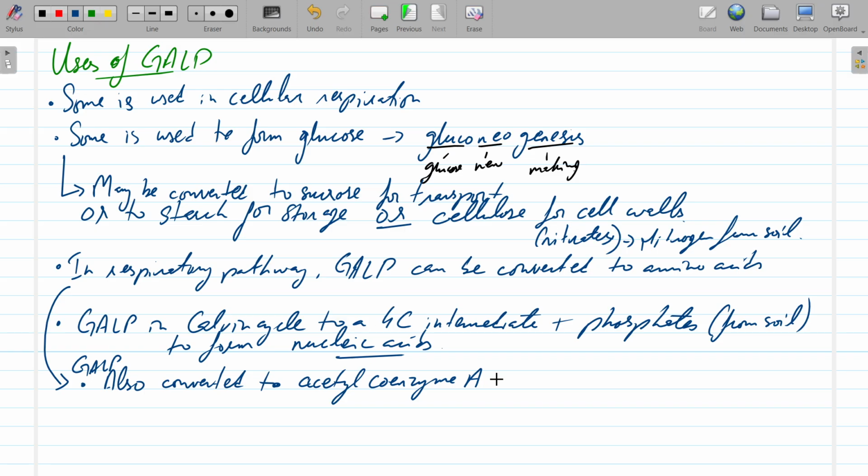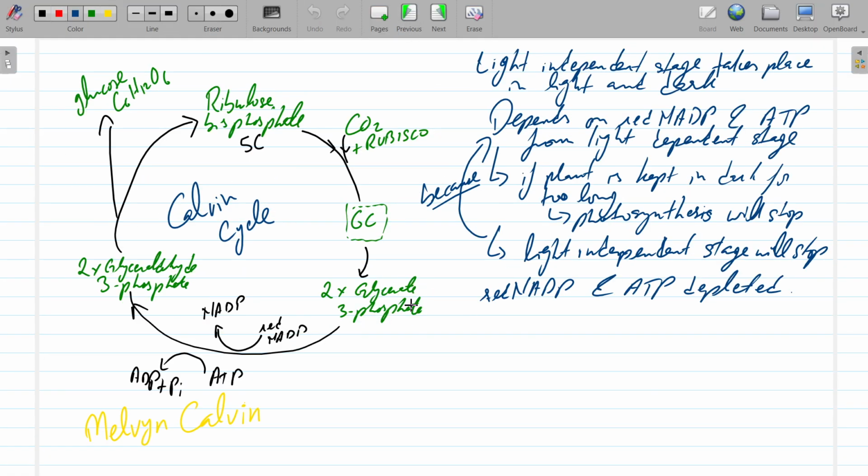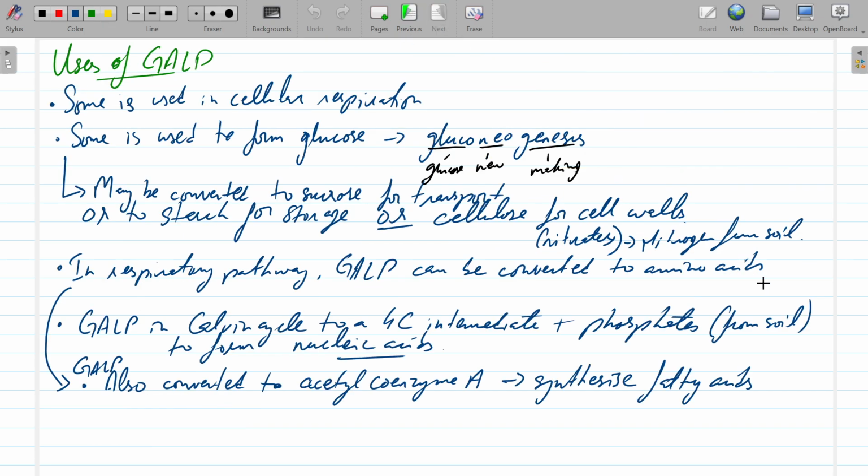And this acetyl coenzyme A can then be used to synthesize fatty acids and then lipids. Now for that, sometimes the glycerate 3-phosphate, the GP, is also utilized to make glycerol.